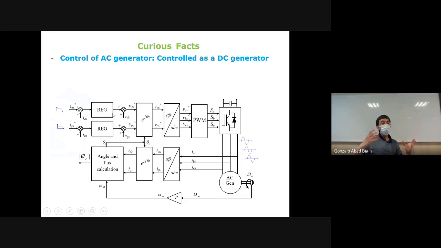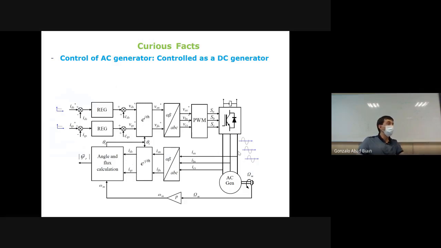So the people in charge of controlling AC machines thought in such a way as to control the machine using the regulators that they knew, the PI regulators, which in DC can provide you zero error at steady state.